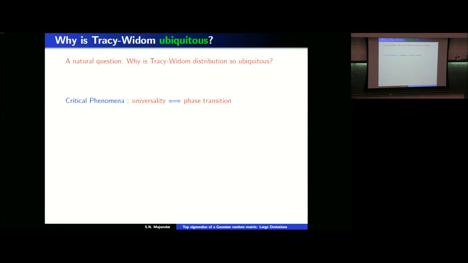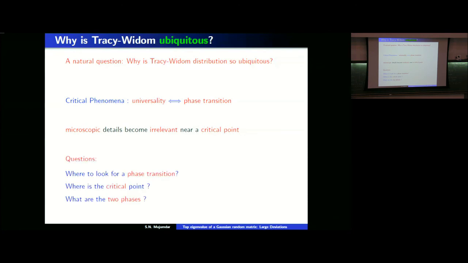Whenever you are near a critical point, there is universality, because if there is a phase transition, often there is universality, and the microscopic details become irrelevant near a critical point. So a natural question is: can you associate the Tracy-Widom distribution to some critical phenomenon, to some phase transition? Maybe that might be useful to explain why it is so ubiquitous.